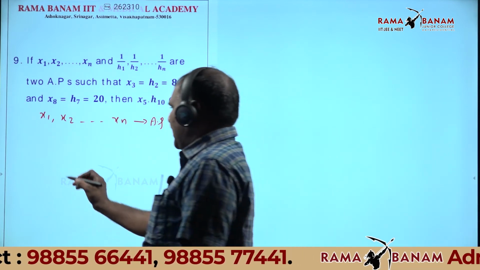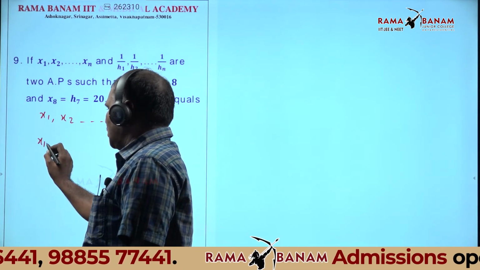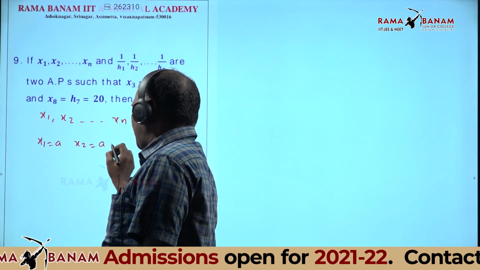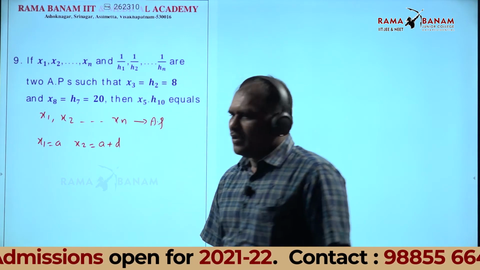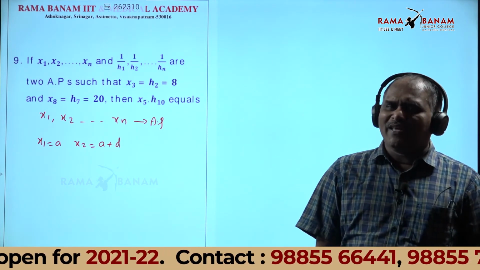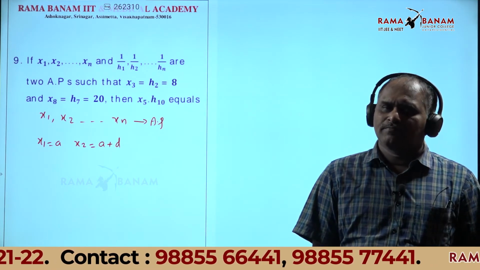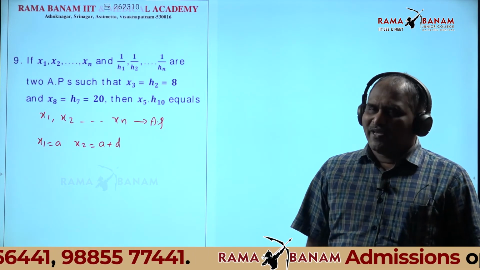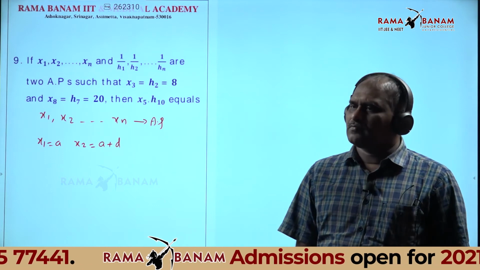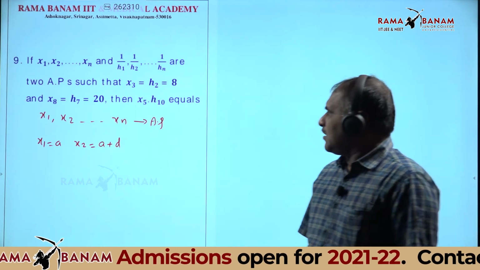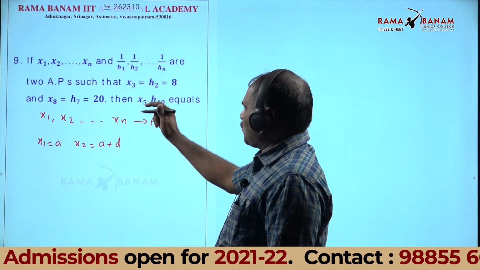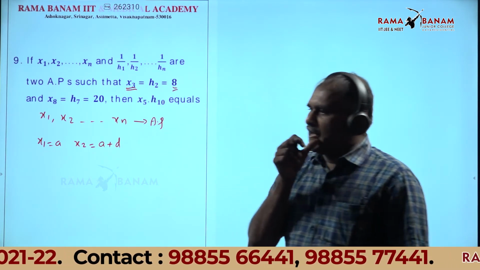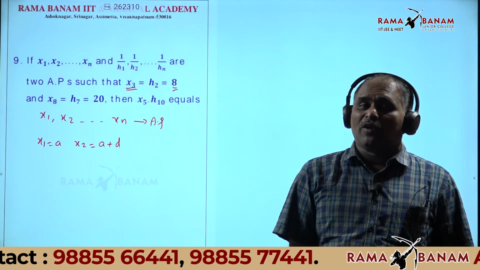That's why x1 is equal to a, x2 is equal to a plus d, x3 is equal to a plus 2d, x4 is equal to a plus 3d. Here x3 is given as 8. What is the x3 formula?